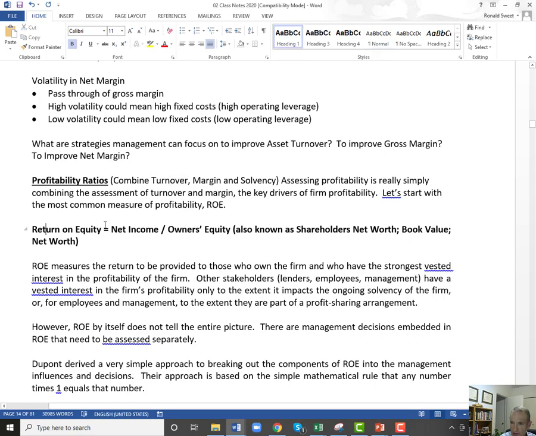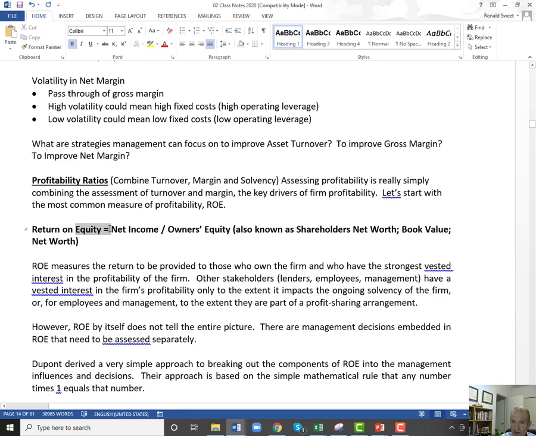So return on equity is the return of the firm. Think of return as the net income of the firm to the owners of the firm. So it's net income after you paid your interest expense and everything else. That's net income divided by owner's equity, shareholders' equity, book value, net worth. We have all those different terms for equity.